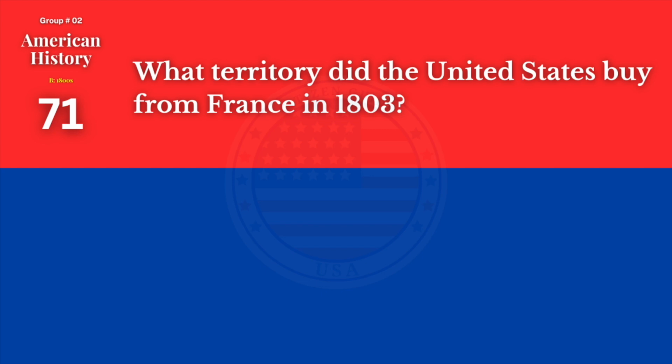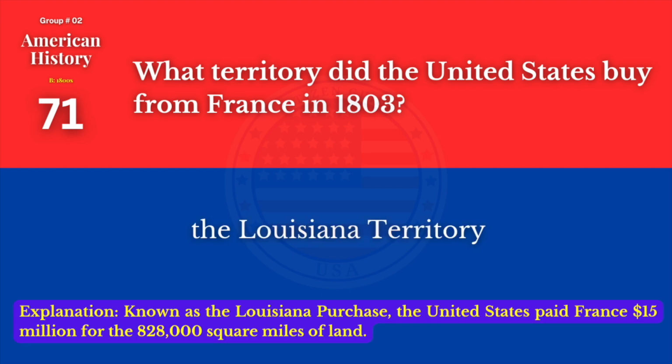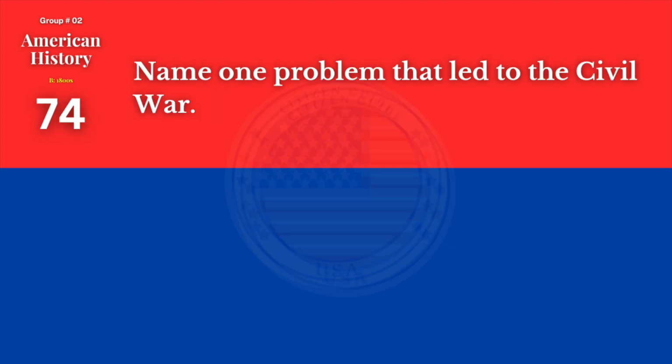What territory did the United States buy from France in 1803? The Louisiana Territory. Name one problem that led to the Civil War. Slavery.